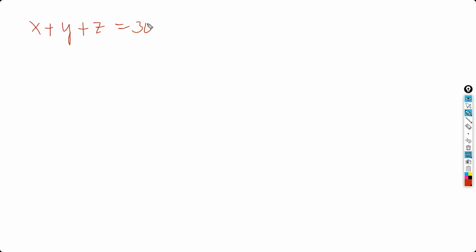Like that, infinite. You can even consider float values also. Now, if I take x as 10, I'm locking one of the values. Now you have y plus z is equal to 20. How many options are there for y and z? Again, an infinite number of options.